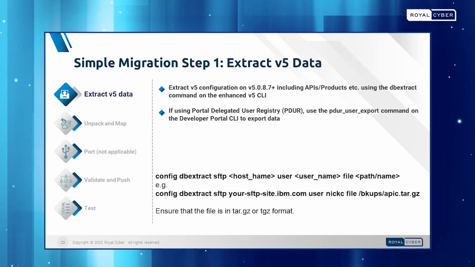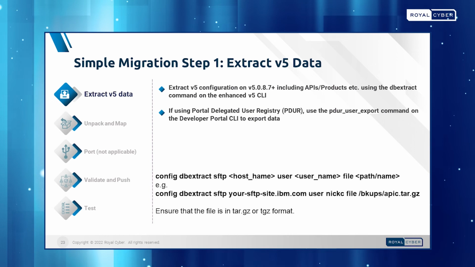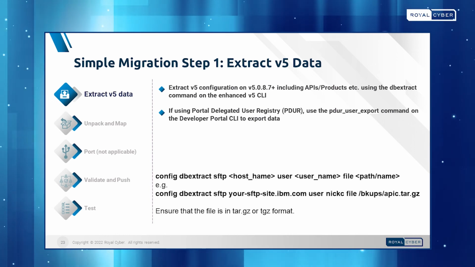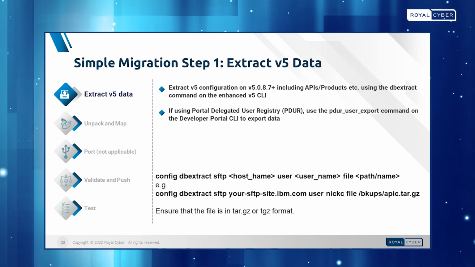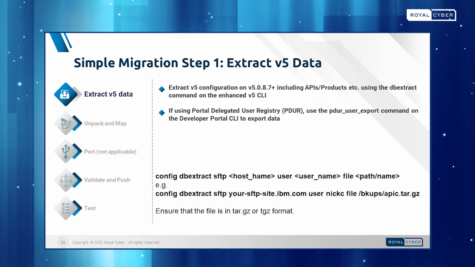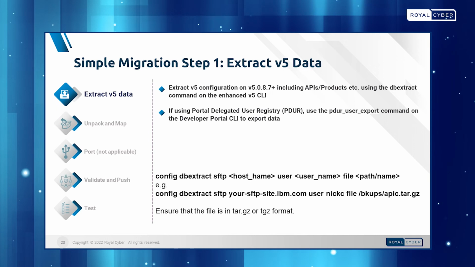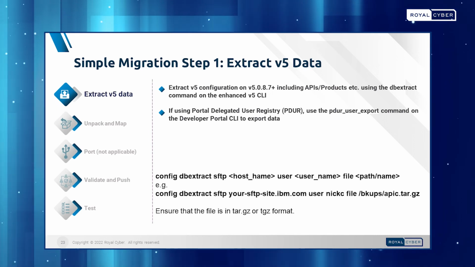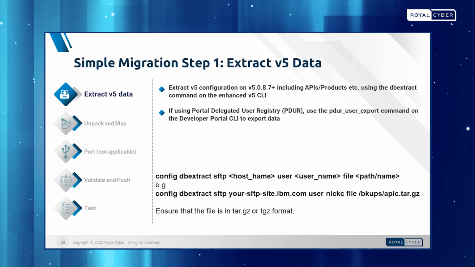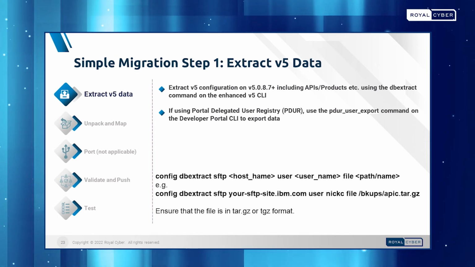The second thing you'll have to do is extract your V5 data using the AMU tool. After you extract, you get an archive, execute a few commands, and then this archive is what you'll use to import to V10.